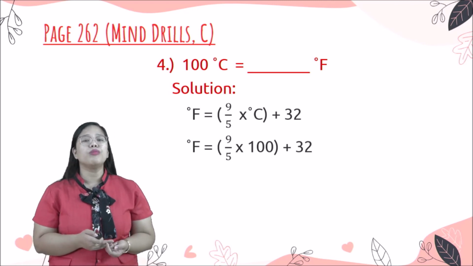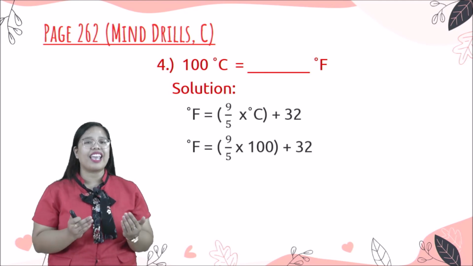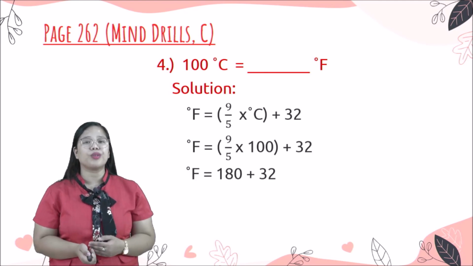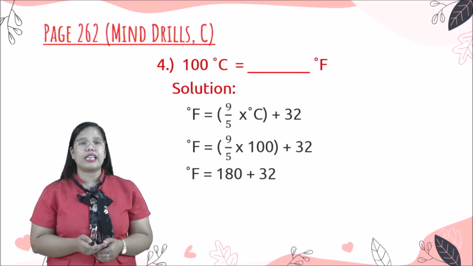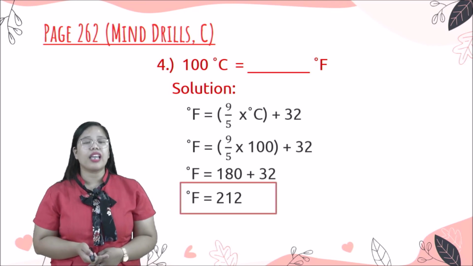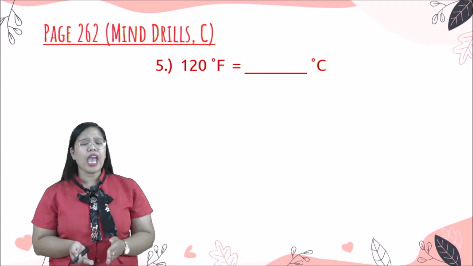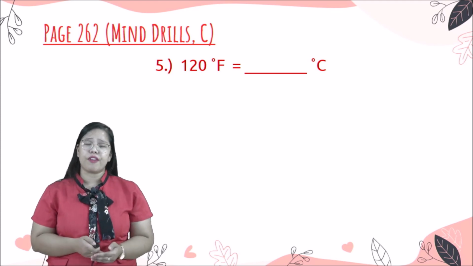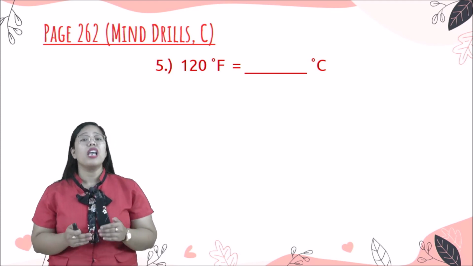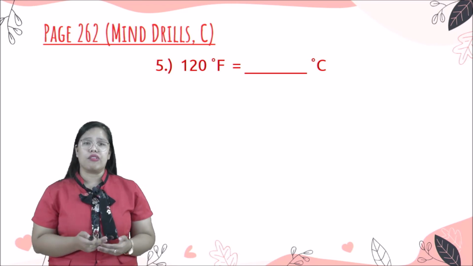And now we will multiply 100 by 9 and divide it by 5. So the answer will be 180. And this is the time that we will add it to 32. So the answer will be 212.